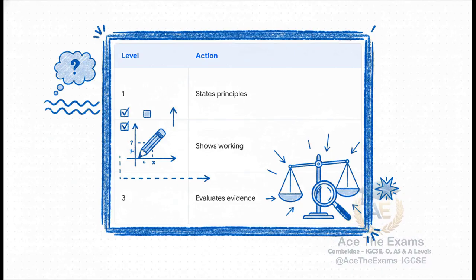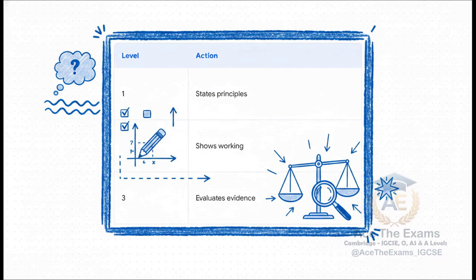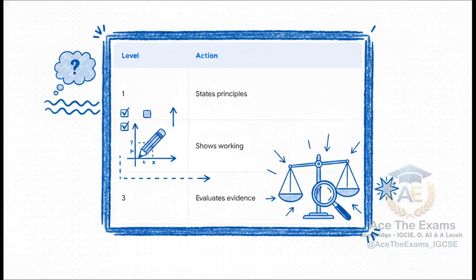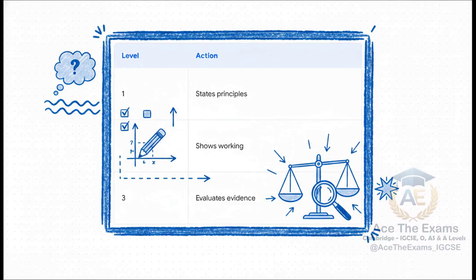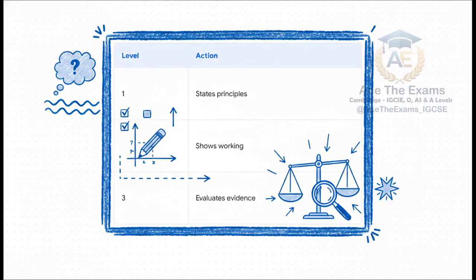But at level 3, the evaluative stage, this is the highest order assessment objective, advancing from simply applying a formula to actually justifying your mathematical decisions with solid evidence is what elevates a good answer into a flawless one. It guarantees your response precisely aligns with the very top band of the mark scheme.